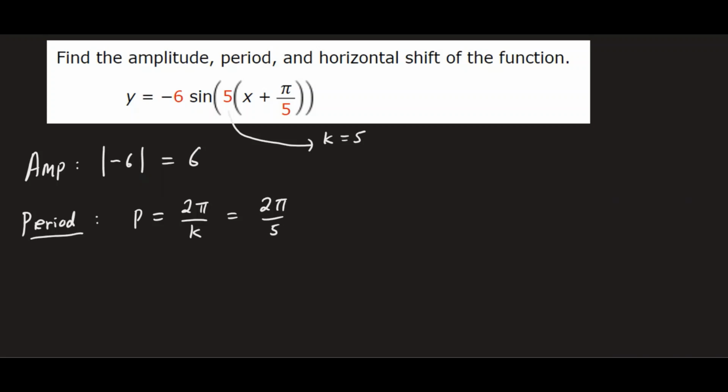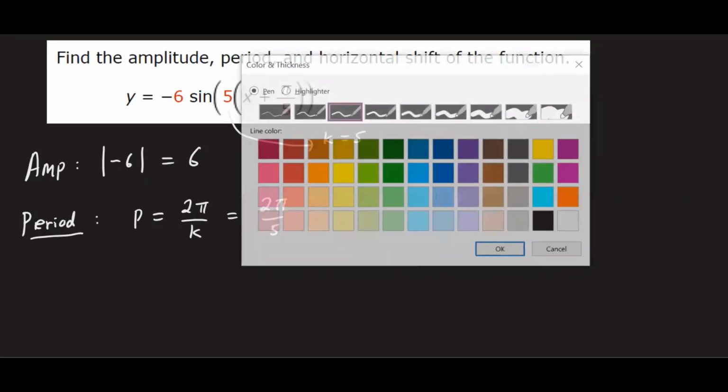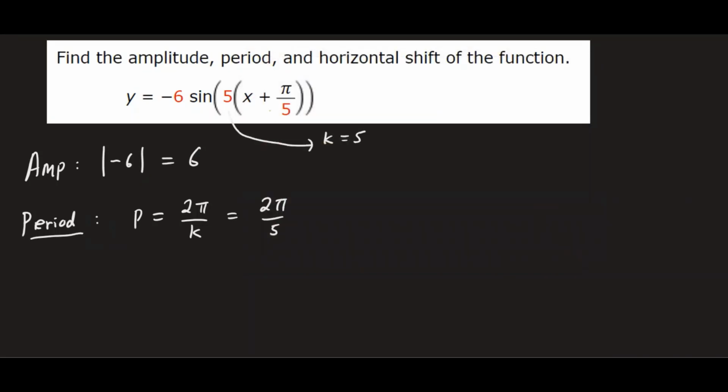The shift of +5, this guy right here, because it's positive, we're going to go to the left pi over 5 units. So we're going left pi over 5 units, or we can say -pi over 5 is the horizontal shift.